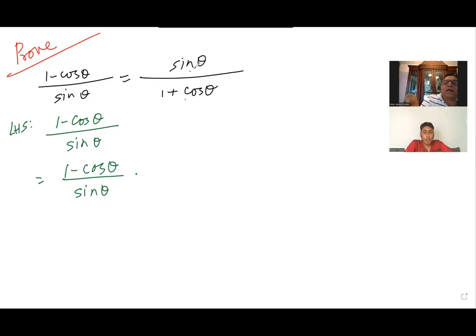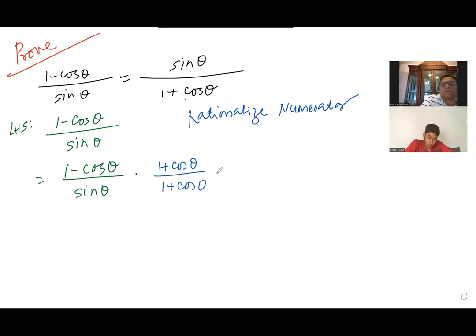Yes, sir. What we'll do is we'll rationalize the numerator. That is to say, we'll multiply by 1 plus cos theta and divide by 1 plus cos theta. So we get in the numerator a plus b times a minus b, which is 1 minus cos square theta. And the denominator will be sin theta times 1 plus cos theta.